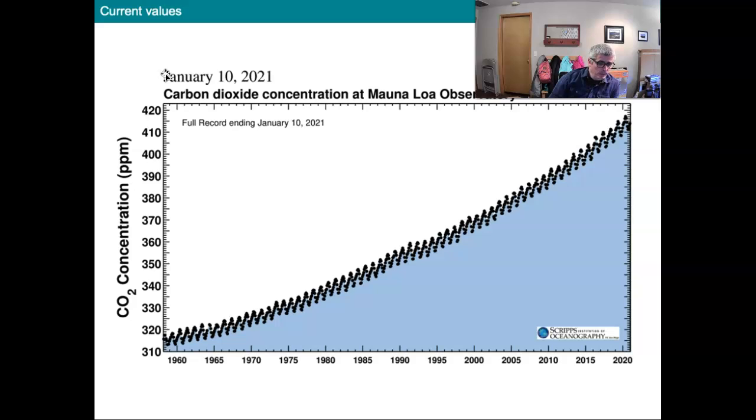What Charles David Keeling set out to do, he was a faculty member at Scripps Institution of Oceanography, where I did my doctorate. He was hired by Roger Revelle, a famous oceanographer and former director at Scripps, to measure carbon dioxide in the atmosphere. And he and Revelle had a pretty fierce argument about how to do that.